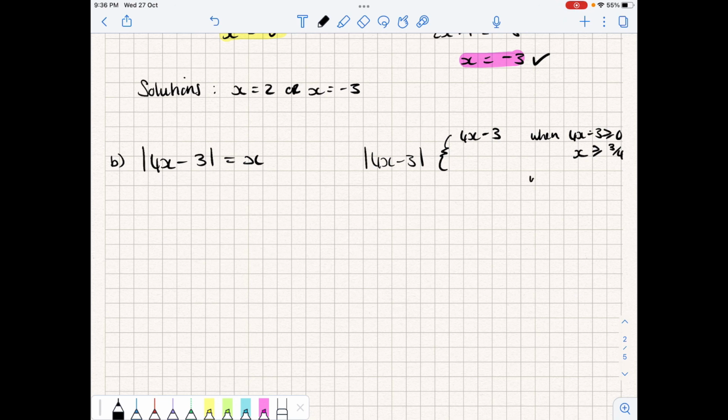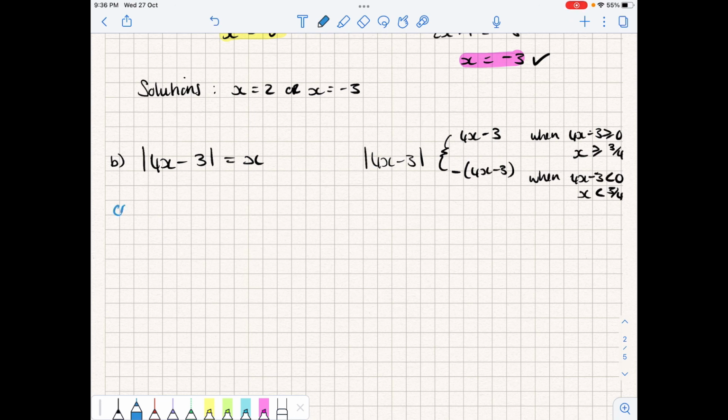And again, we can say, well, what if 4x minus 3 was less than 0? In other words, if it was negative, we would need to make it positive. And so to do that, we'd put a minus sign in front of it, because a minus and a minus become a positive. And this would happen when x is less than 3 over 4. Okay? So we need to consider that our solutions fall within those domain ranges to be valid.